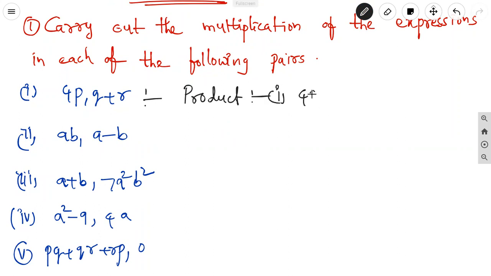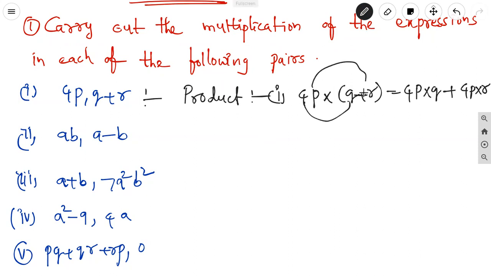First one, 4p into q plus r. Write separately: 4p into q plus 4p into r. That is this product plus the second term product. It is equal to 4pq plus 4pr, that is the product.